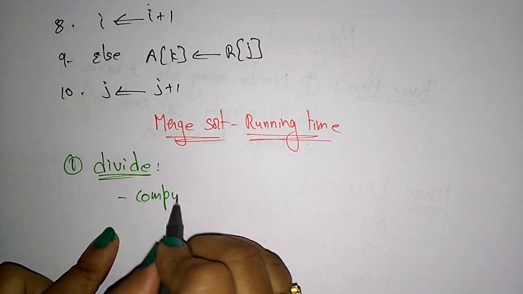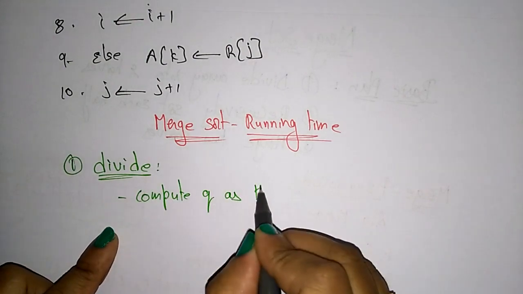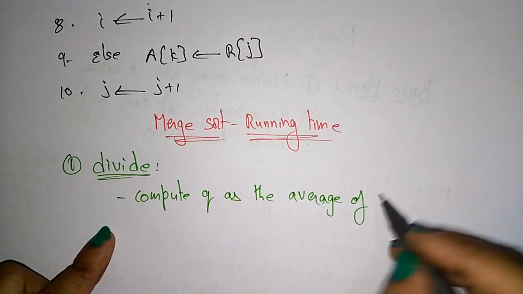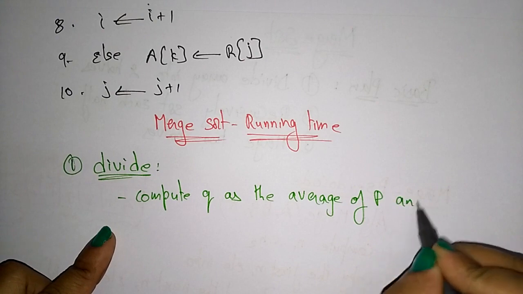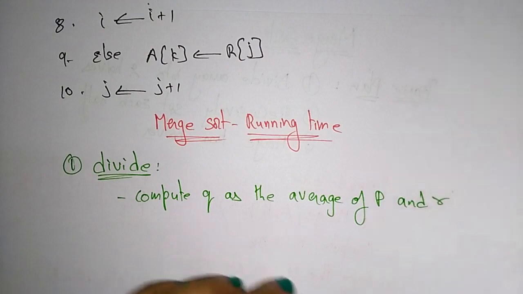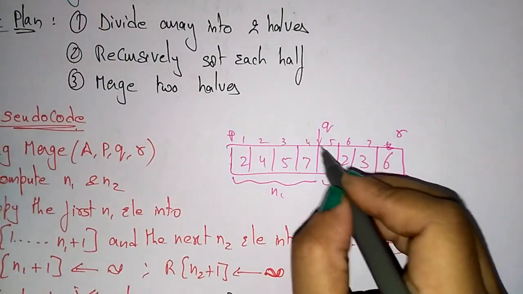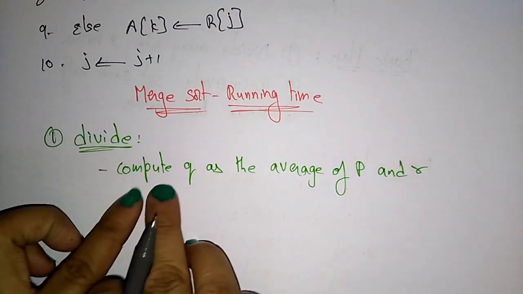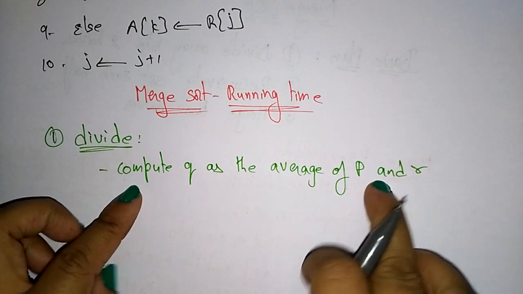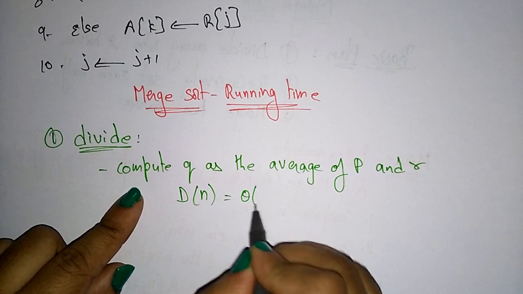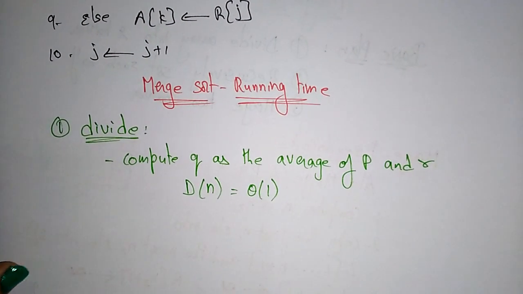Compute Q as the average of P and R. Q is the middle item, so we are just dividing. The divide step takes constant time, theta of 1.